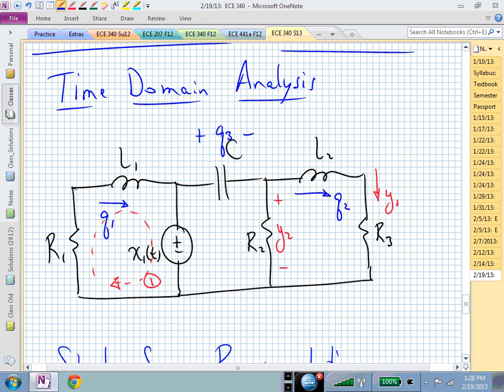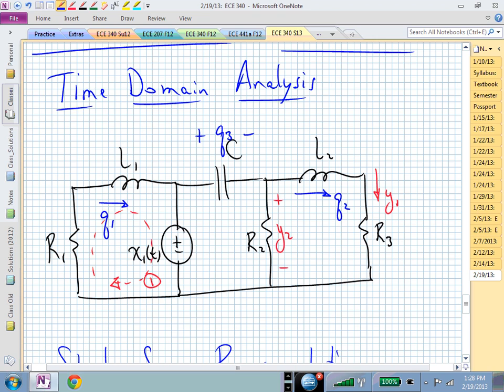I don't know what the drop is across R sub 2 in terms of my state variables directly or immediately, do I? So I can't really quickly write a KVL here. This current right now I haven't identified, have I?